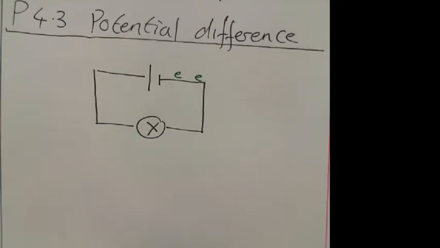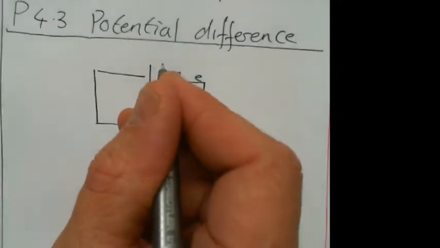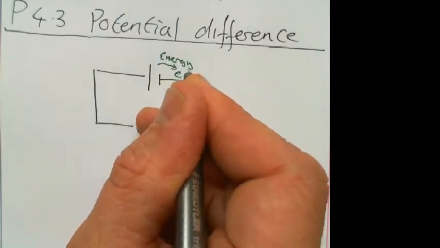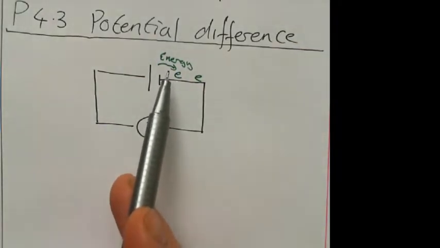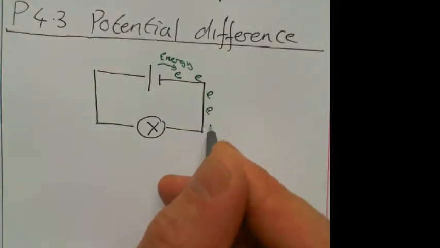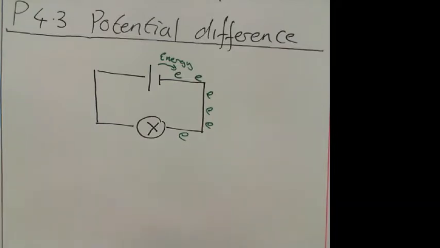But why is that? Why does that happen? If you remember, the electrons get given energy by the cell. And then they go around the circuit carrying this energy, and they get to the component.